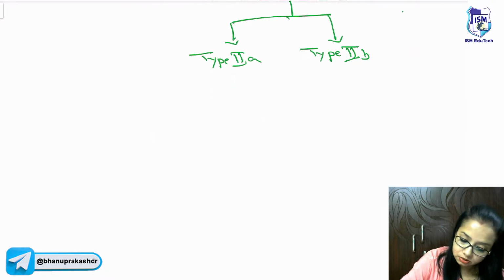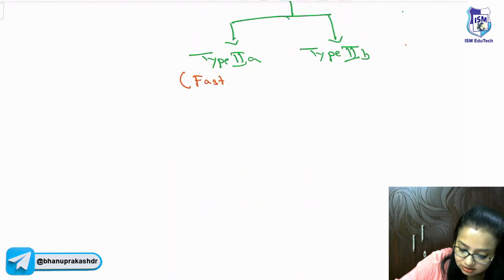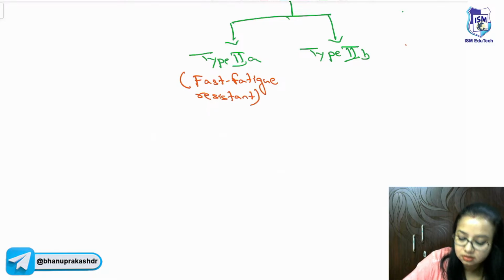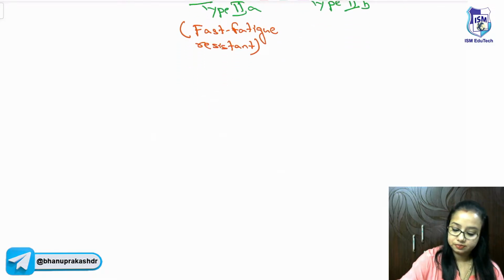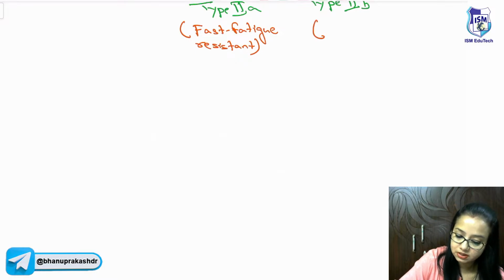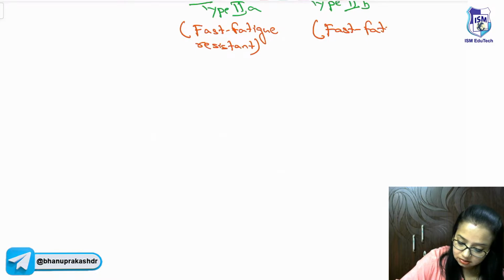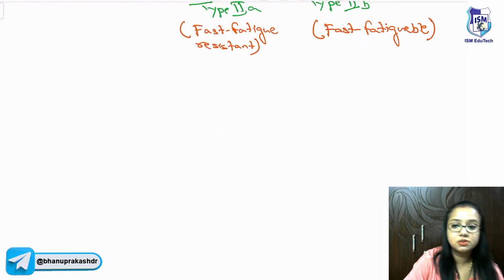Now, type 2A is also called the fast fatigue resistant type 2A, whereas the type 2B is called the fast fatigable fibers. Okay.